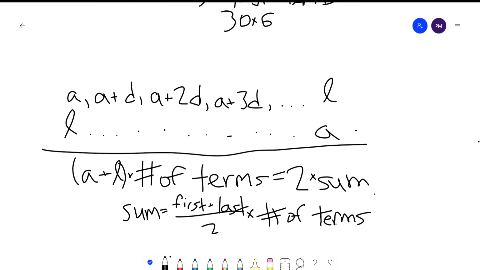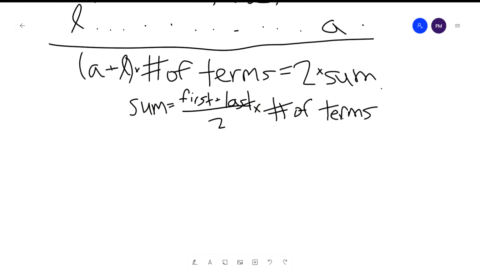Okay, so now if you have an arithmetic sequence and you want to find the sum, you now know how to find it. It's just the first plus the last over 2, which is basically just the average of the first and the last, times the number of terms.